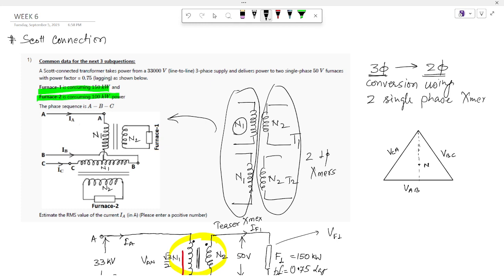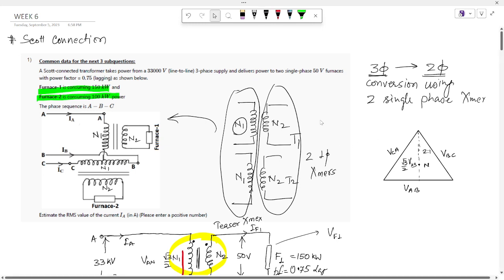And what is the length of this line? That is root 3 by 2 times V, any of these line voltages, and this is 2:1.